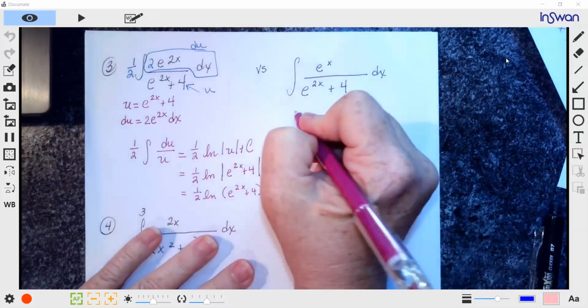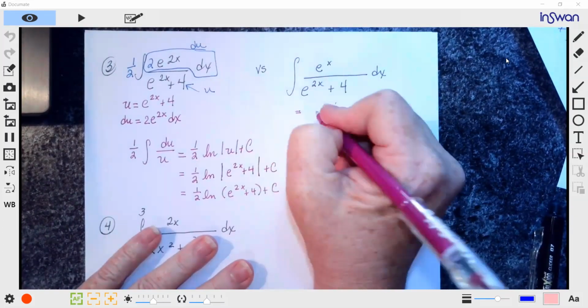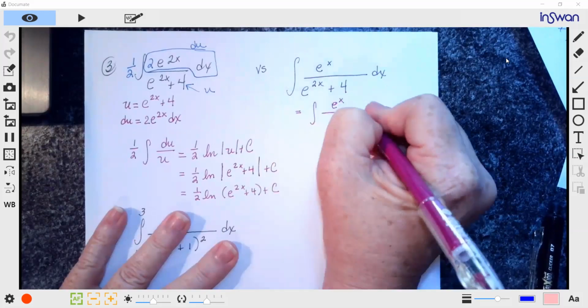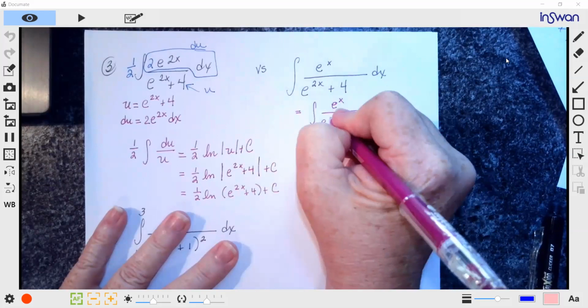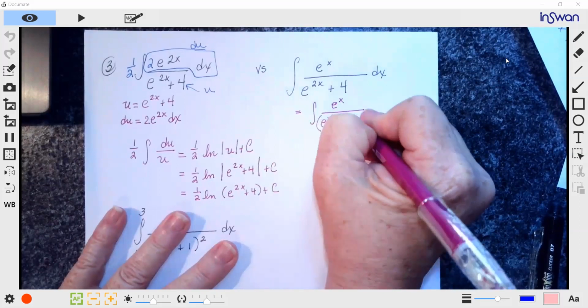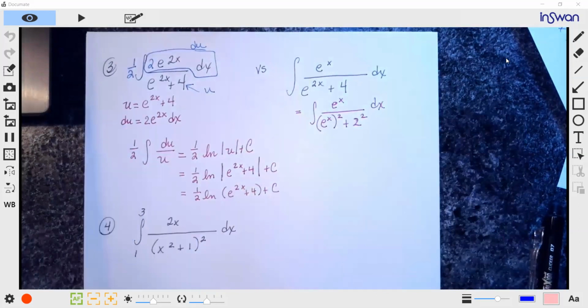So if just u to a power du won't work, what if we thought about this as this? Do you agree at least that those are the same thing?